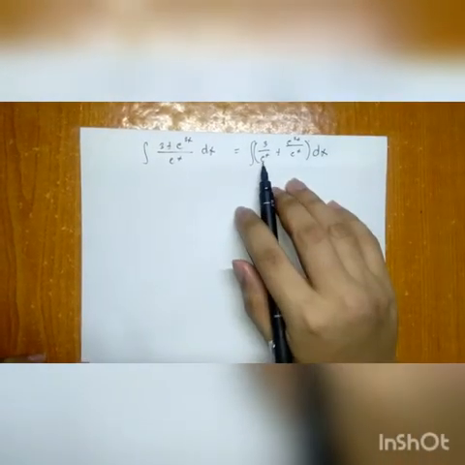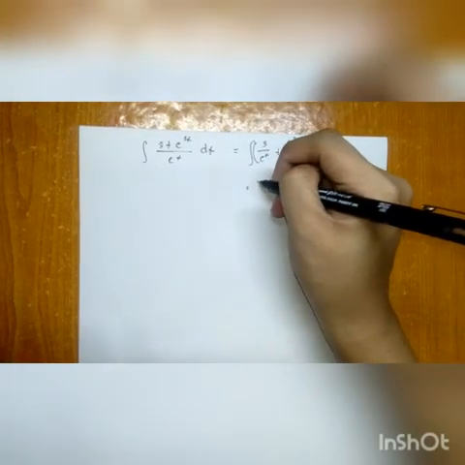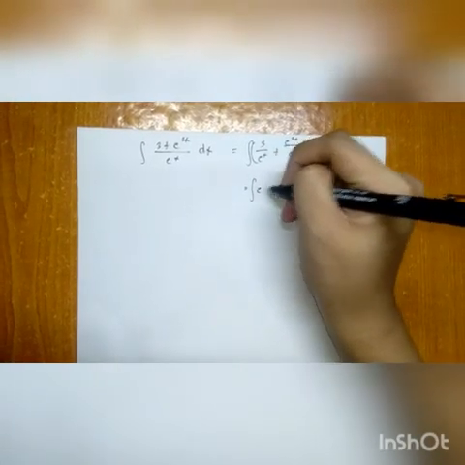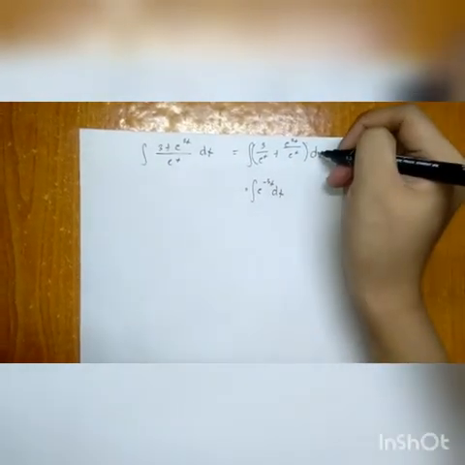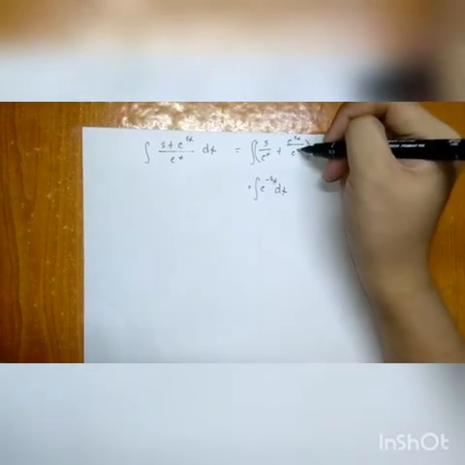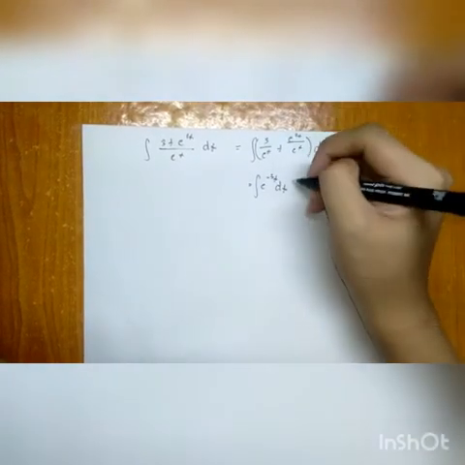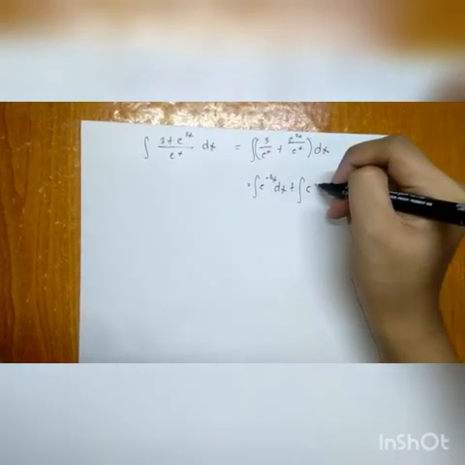Since it's in this form, we can use the negative exponent. That will be the integral of 3e raised to negative x dx, since we need to distribute it here, and e raised to 2x over e to the x is equal to e to the x dx.